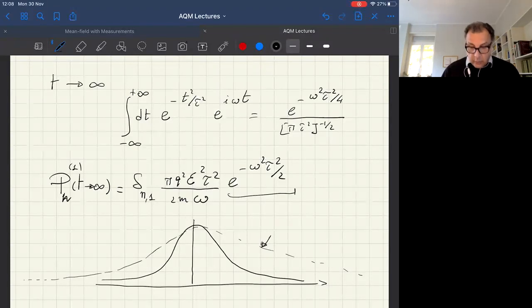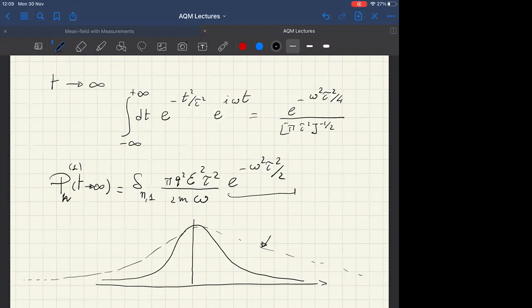Actually, when the time scale of change of the perturbation is larger than 1 over omega, then all the transitions are suppressed. Do you see this? I'm going to comment on this, but first tell me if you see this in the formulas, in the expression.